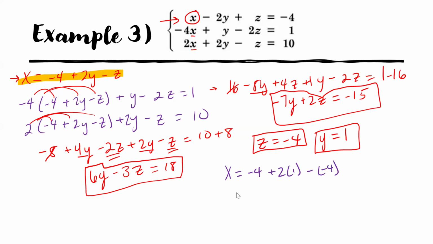And what does that give me? That gives me negative 4 plus 2 plus 4. What happens to the 4s? They cancel out, and we get x equals 2. So my solution set is 2, 1, negative 4.